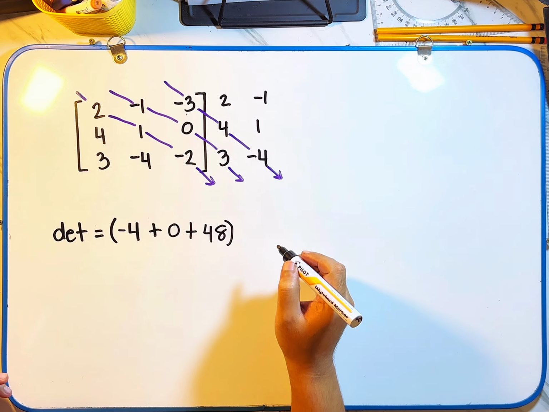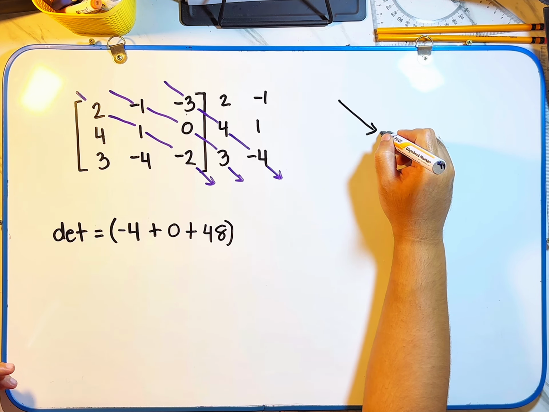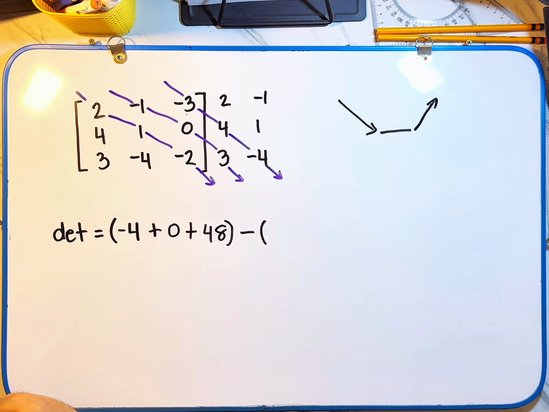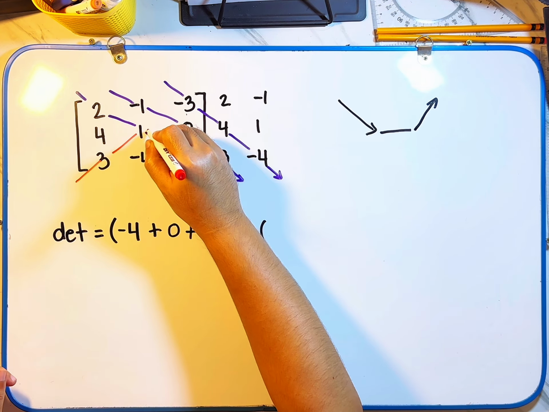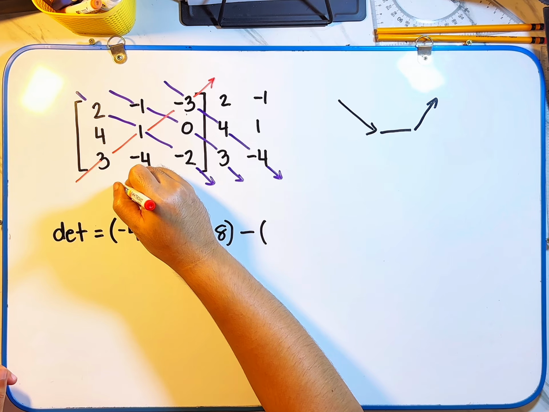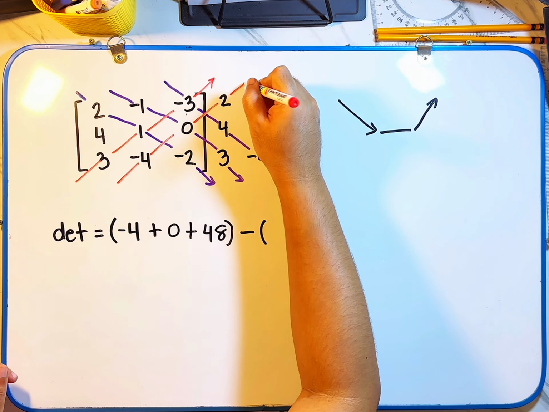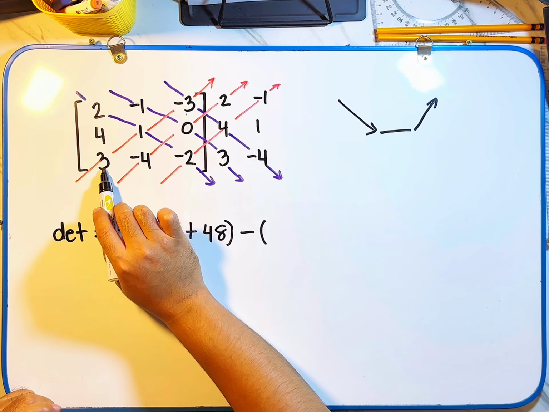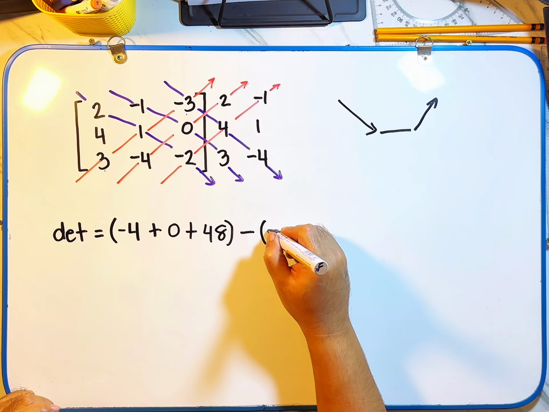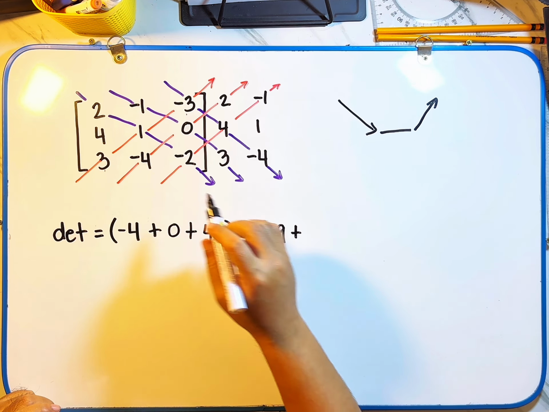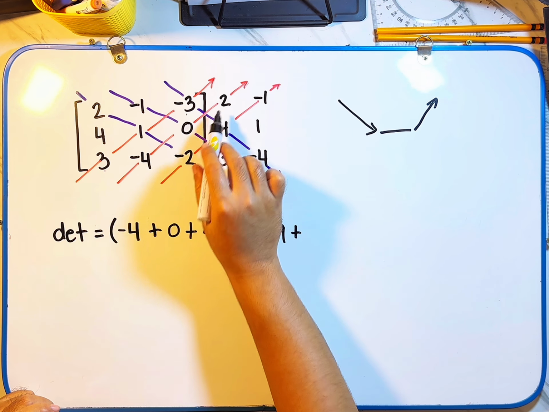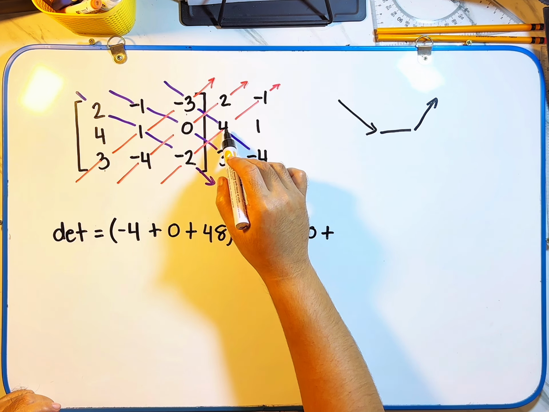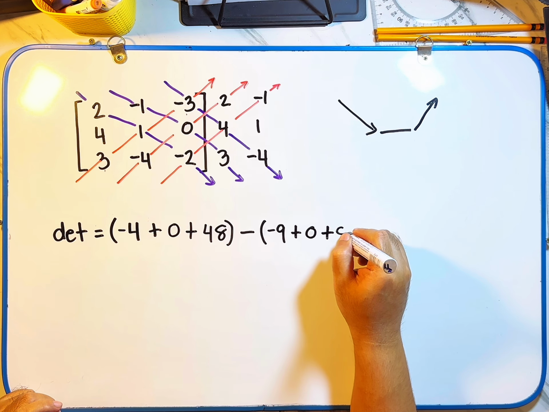And then in the basket method, after multiplying diagonally downwards, minus. And then multiply diagonally upwards. This diagonal, and then this, and also this one. 3 times 1 times negative 3, that's negative 9, plus negative 4 times 0 times 2, so that is 0, and then plus negative 2 times 4 times negative 1, that's 8.